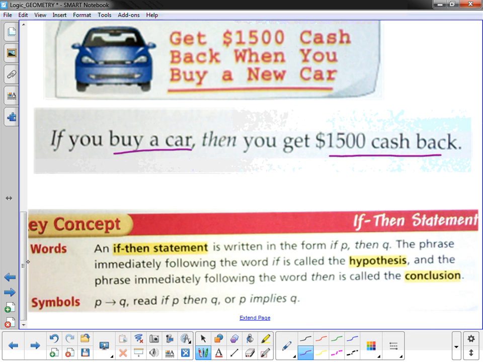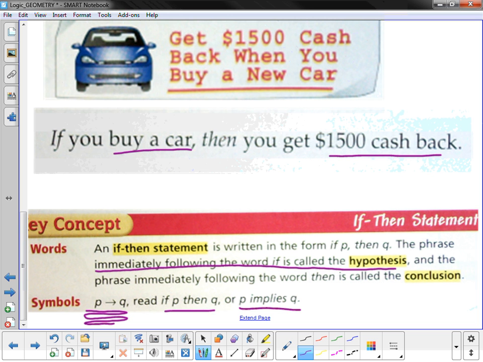So, if-then statements are written in the form of if P, then Q. We have an arrow here for our logic symbols, P arrow Q, and that is read as if P then Q, or you can say P implies Q. So if P is true, that implies that Q has to be true for the thing to work. Immediately following the if is the hypothesis.